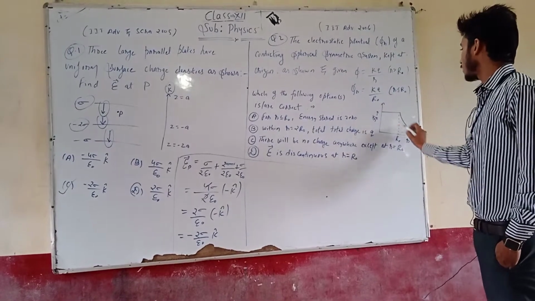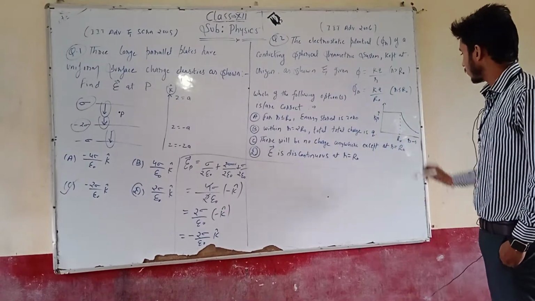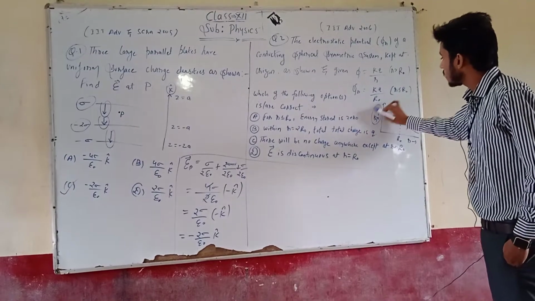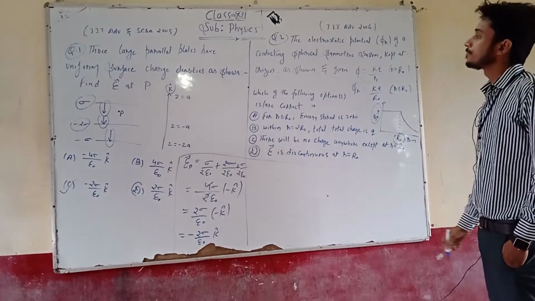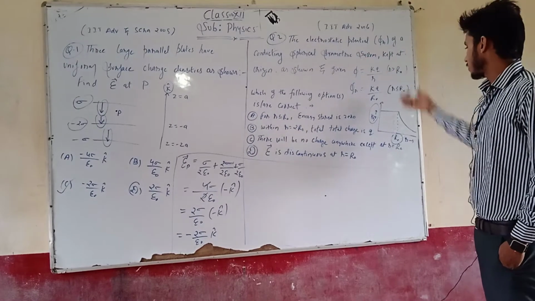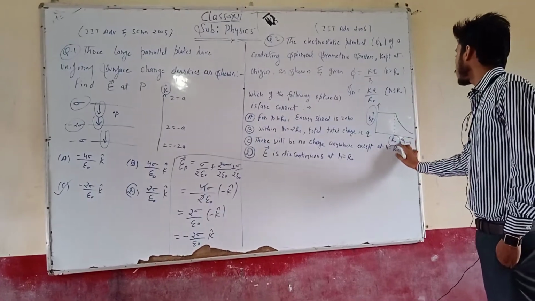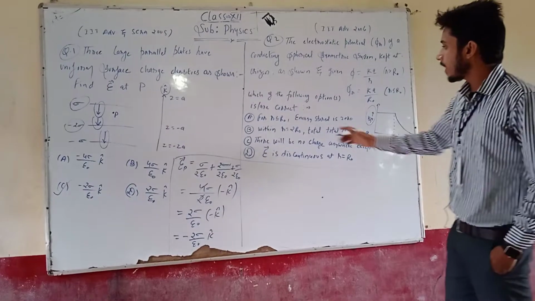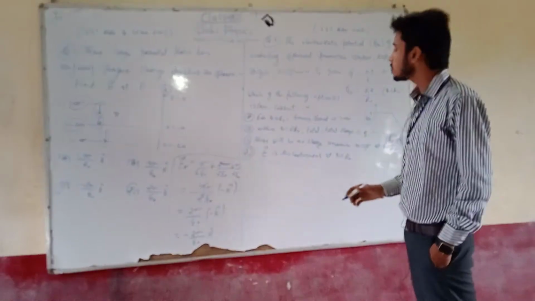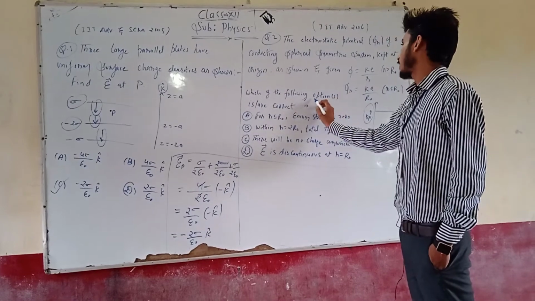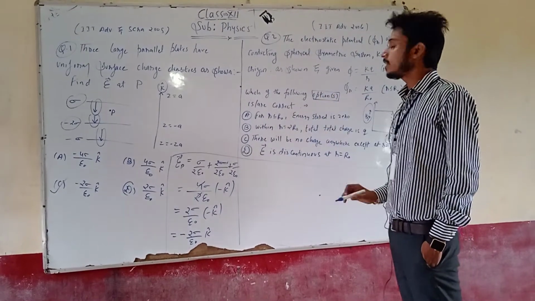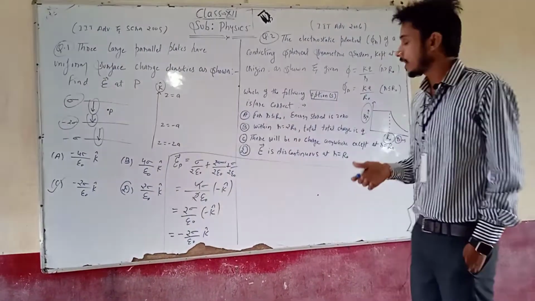And this is the diagram, this is actually the graph of potential at any distance r versus radius of the spherical symmetric system, or the distance from its center. Okay, so we are given four options, and we have to choose the correct option, and the correct option can be one or more than one in this particular case, right?